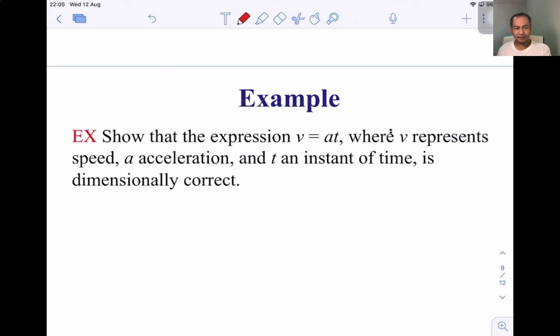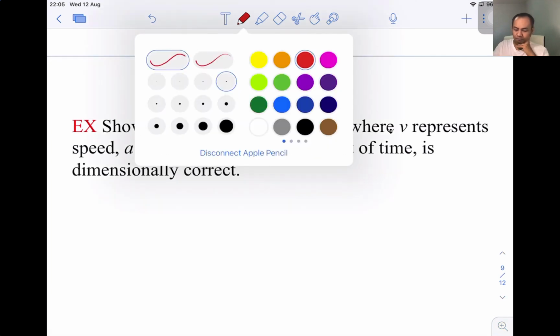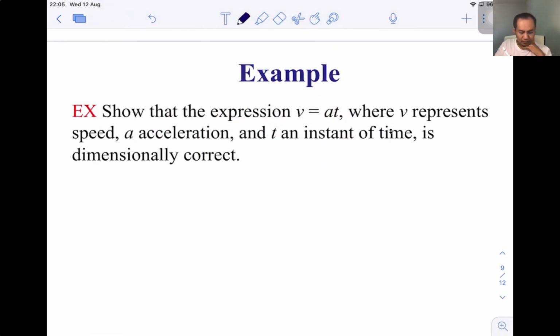Okay, so follow me. In this example we have to show that the expression v equal at, speed equal acceleration times time, right? Where we represent speed v, acceleration a, and t an instant of time, is dimensionally correct. So how do we show it? Okay, so at the beginning we know that the dimension of the speed we write it like this.